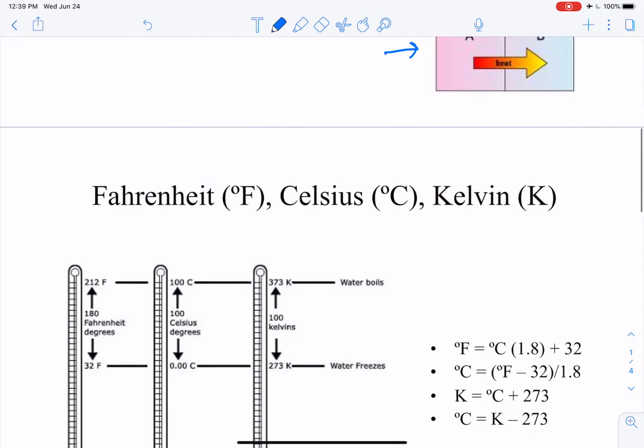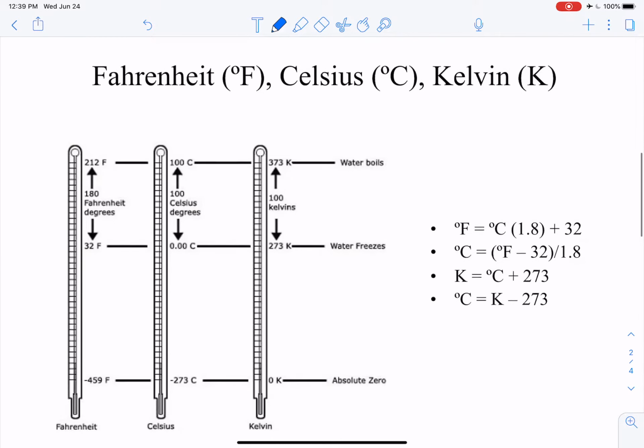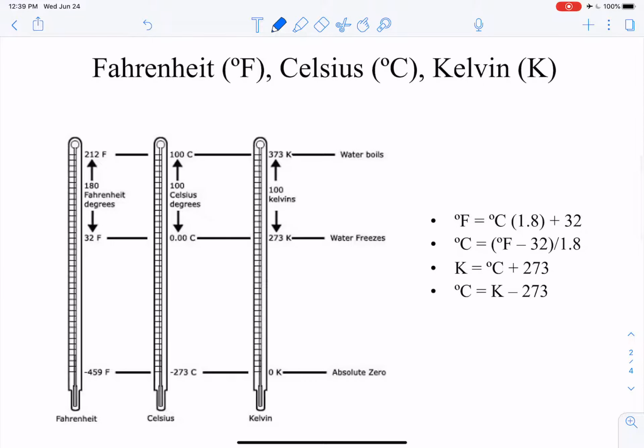All right, so how are these scales related? Well, if we look at thermometers, what we will notice first right here is the temperature where water freezes. So most of us know that the temperature where water freezes is 32 degrees Fahrenheit. And that is the same as 0 degrees Celsius.